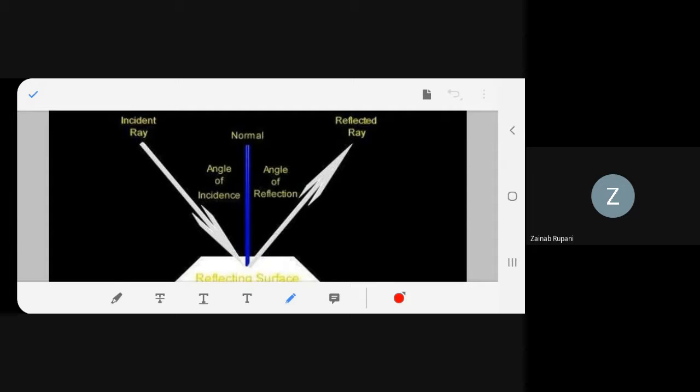If I measure this angle I and this angle R, I will find angle I equals angle R. This is the first law of reflection: angle I is equal to angle R. Is that clear? Yes, ma'am.